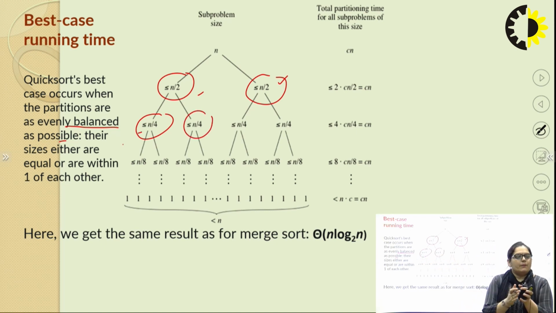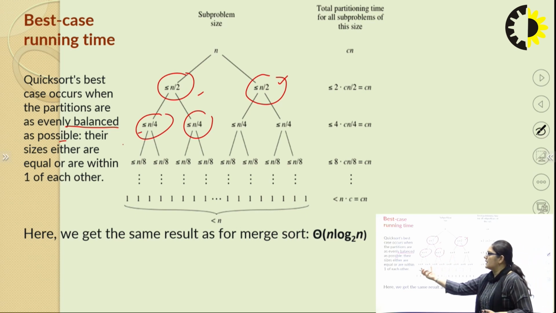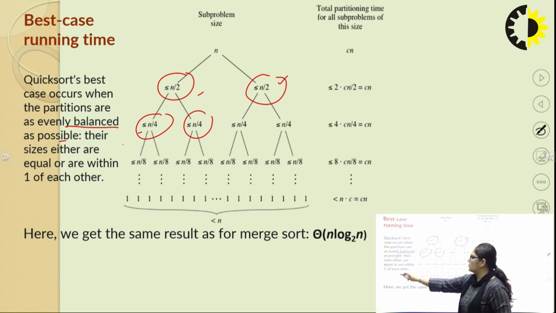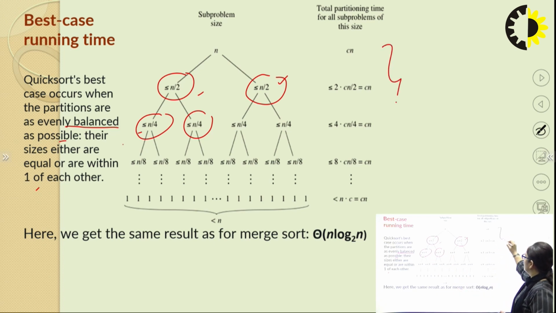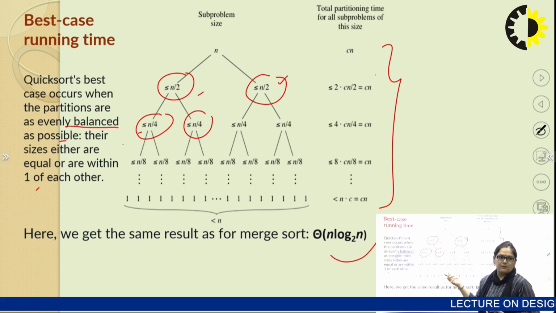It means that we are getting equal partitions, okay. The sizes of the subarrays are equal with each other or there is a difference of 1. So this is the best case, and here when we sum all these cost values we are getting the complexity as big O of n log n, which is similar to merge sort, because in merge sort also we do the same, we make equal partitions.